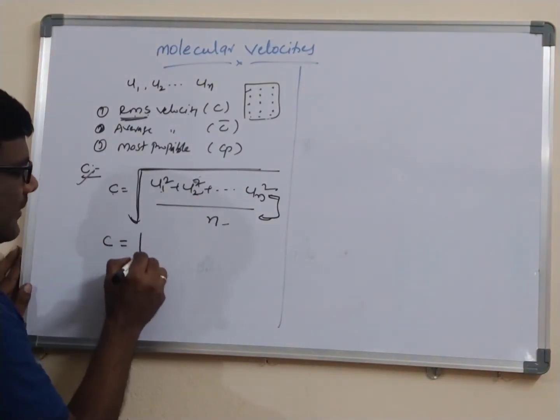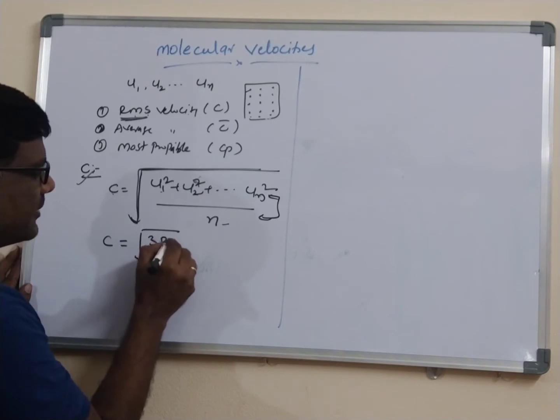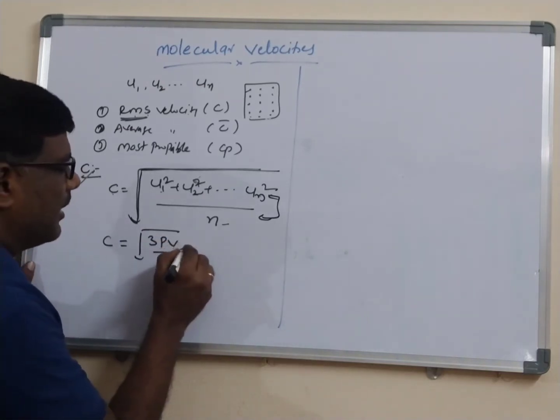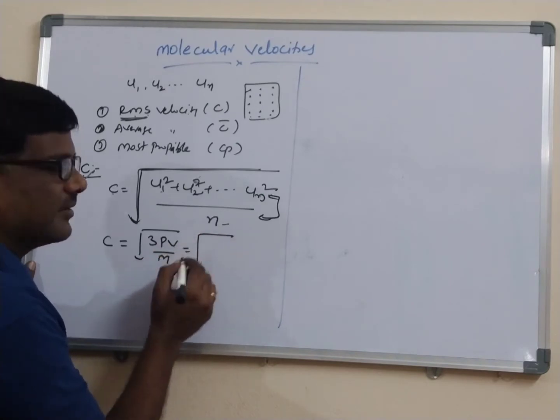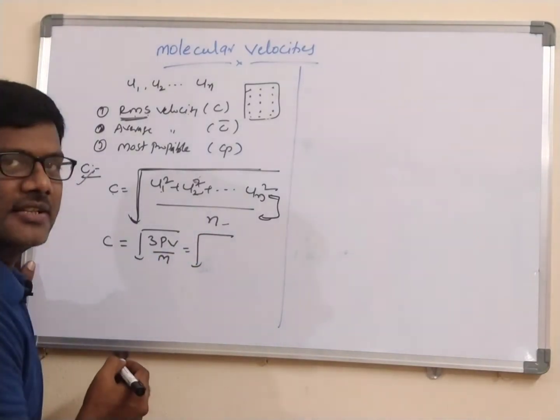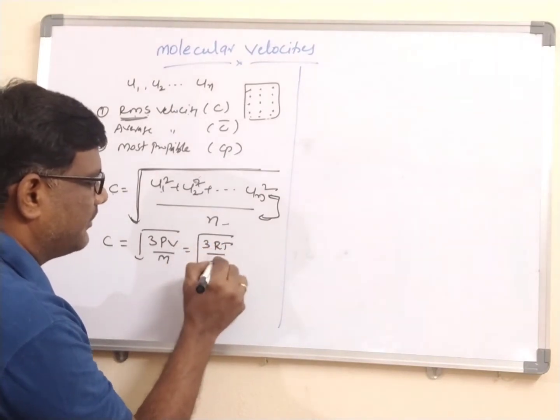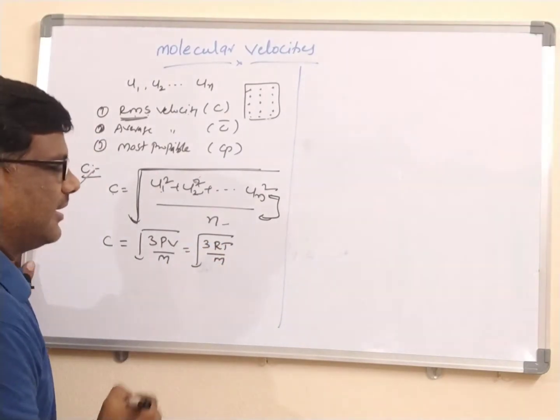It can be calculated using the mathematical equation C equals under root of 3PV by m. Already we are familiar that PV is equal to nRT, where for 1 mole of gas it is RT. So in place of PV, I take 3RT by m, which is another form for the C value.